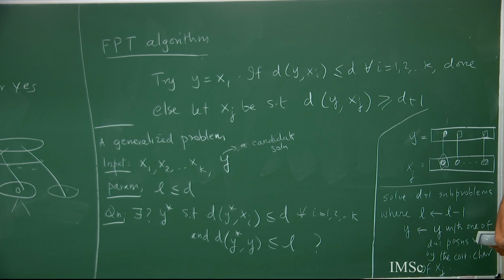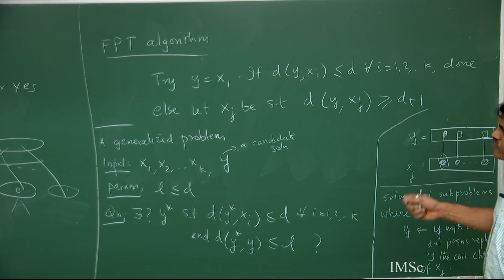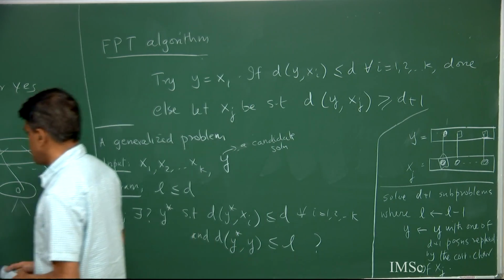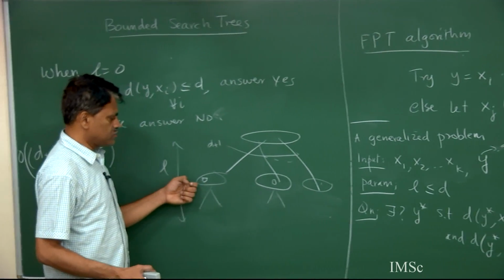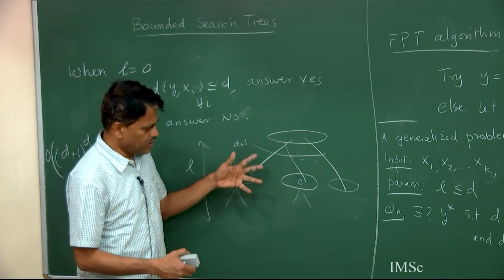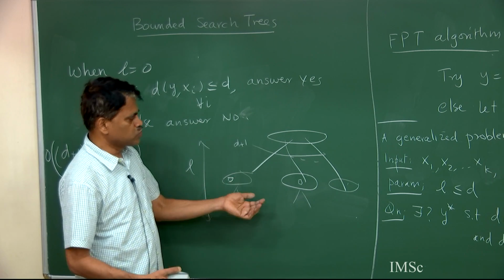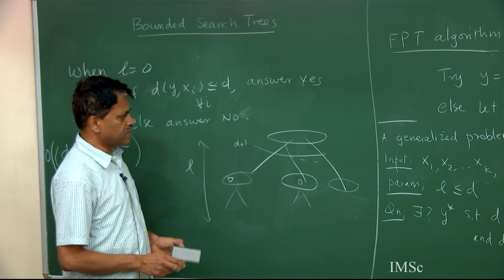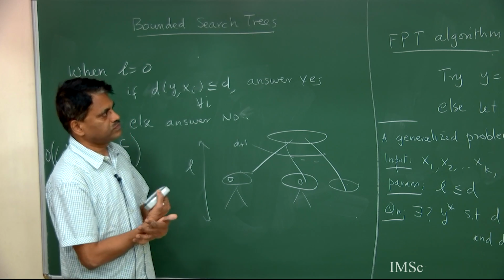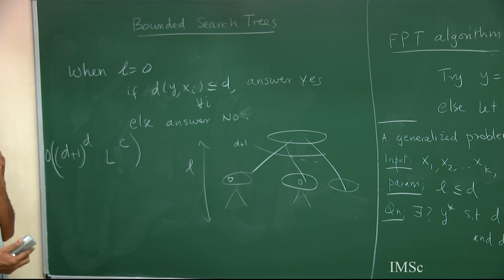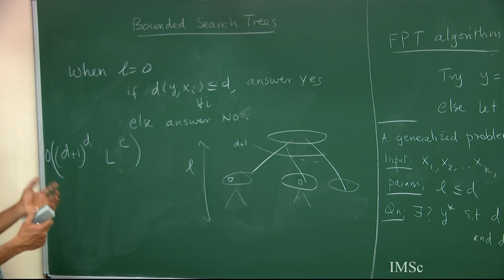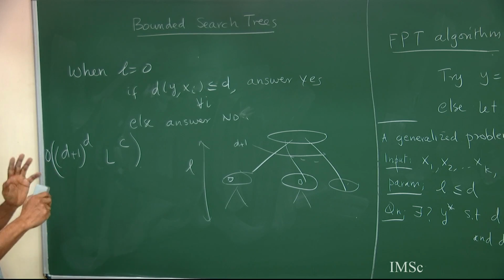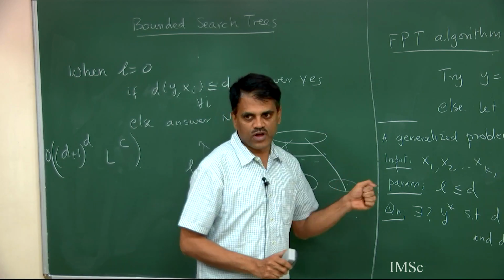And you can argue the correctness of this algorithm, because we know that if there is a solution, then in that position the solution has to be one of these, and then the remaining thing would be d minus 1 away from that particular string, and so on and so forth. Okay, so here is an example where how to branch is not immediately obvious, but once you start with some solution or look at a slightly more general problem, it gives you a handle to branch.